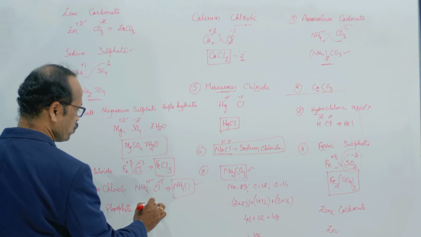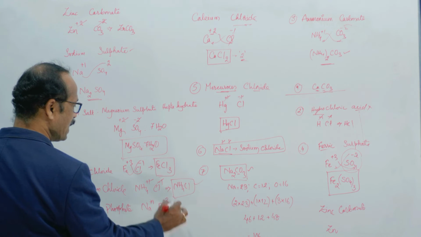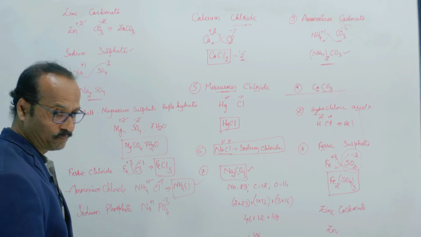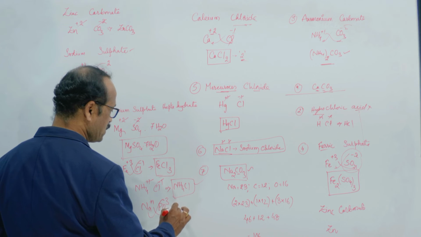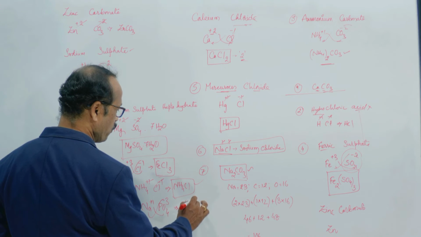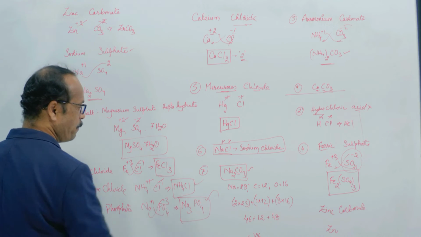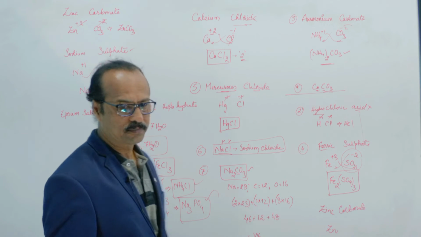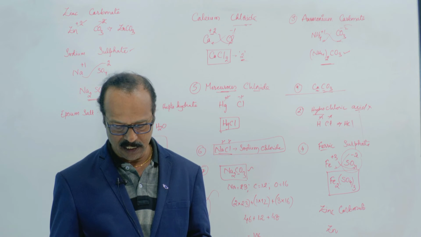And phosphate is PO4, minus 3. Valence is 3, so crisscross. This 3 comes here, so this becomes Na3 and PO4; the 1 we need not write. So the answer is Na3PO4. So the option is the second option.